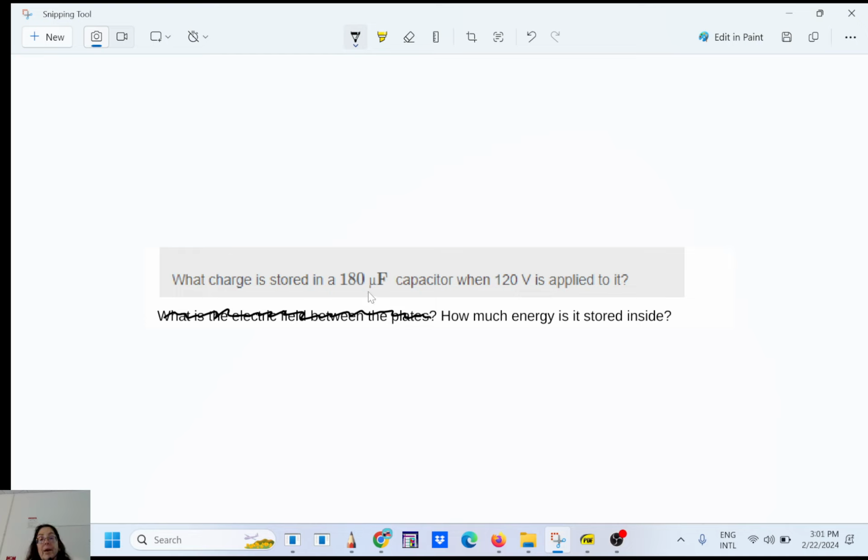Okay, so we have capacitance is 180 microfarad. So you convert that in scientific notation. Okay, and the voltage is 120 volt. What is the charge?